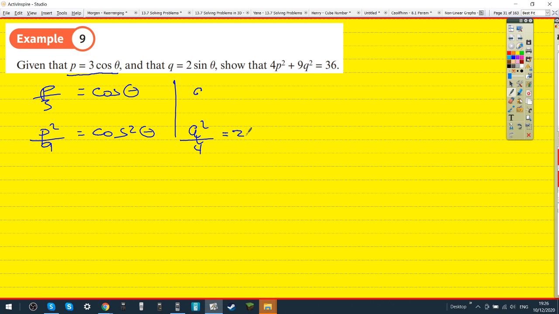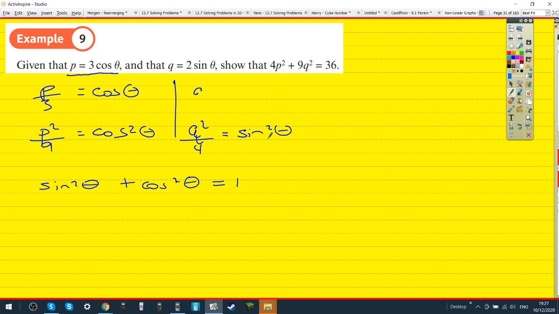Sine squared theta plus cos squared theta equals 1. Sub in the values that we have. When you say sub in the values, like into sine squared theta plus cos squared theta equals 1?